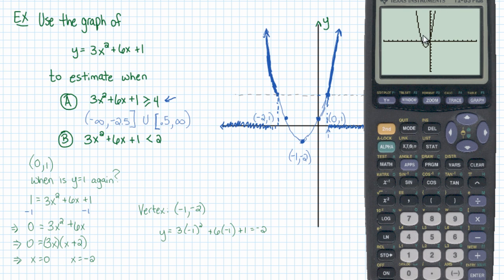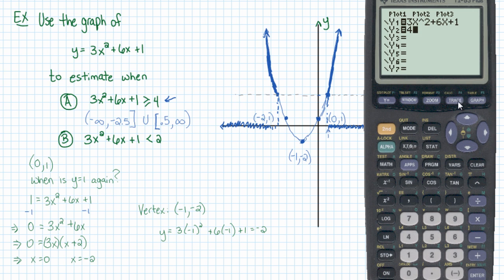But now if I want to know when is this graph above the height of 4, I'd have to zoom in here or something and try to figure it out. There's actually an easy way to do this. You could graph a vertical or a horizontal line on your TI just by saying, well, I also want to look at the line y equals 4. Because that's really what that horizontal line is, the line y equals 4.